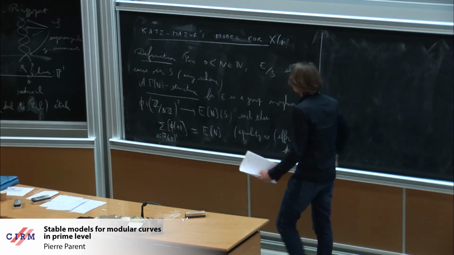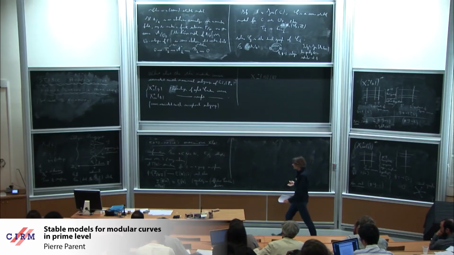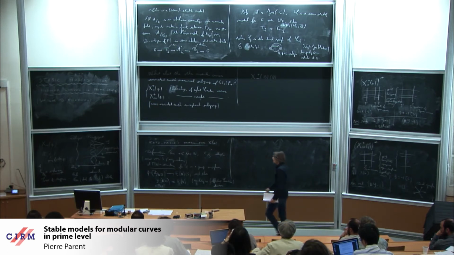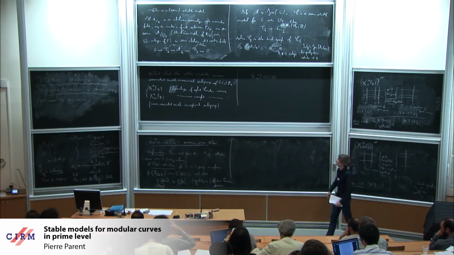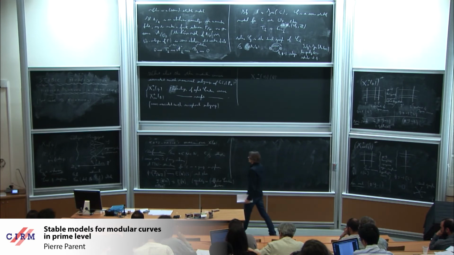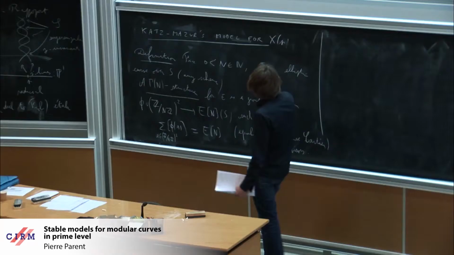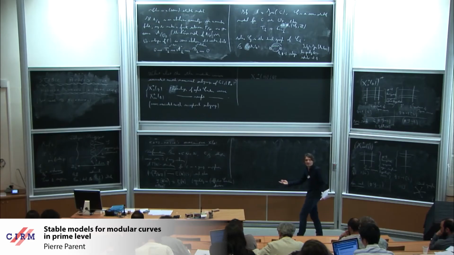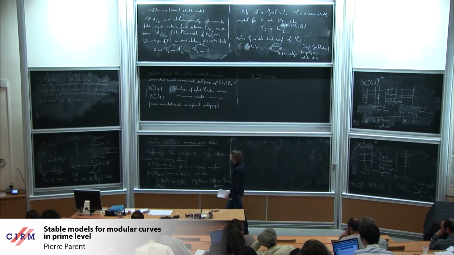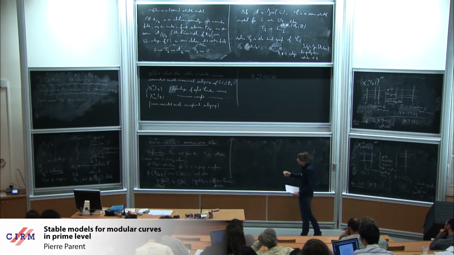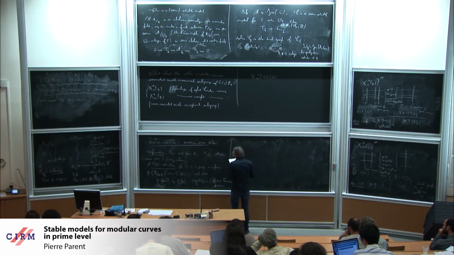It defines a section, and so it defines a divisor, and you take the sum as divisors of those objects, and you want it to be equal to the group scheme E[n]. So when n is invertible on S, this is nothing different from the usual definition of level n structure. But when n is not invertible, in particular when n is p and S is an F_p scheme, then you do have something which is new, and which is the good way to define a full n torsion structure.